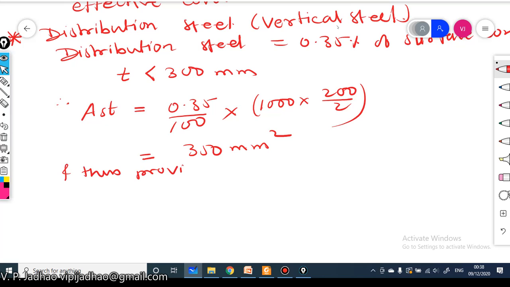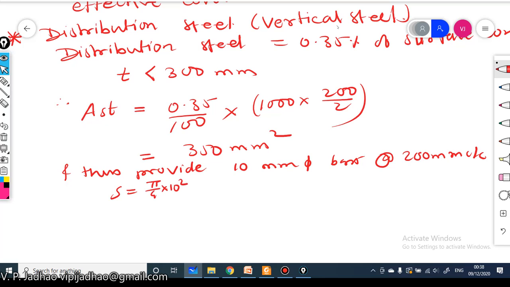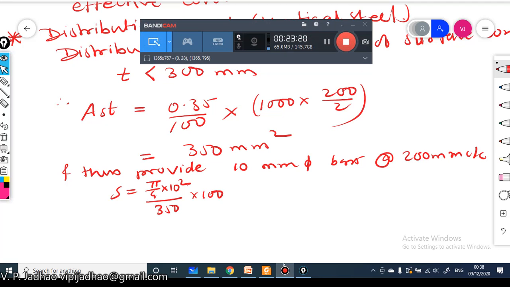10 mm bars. If we calculate, the spacing will be approximately around 200 mm center to center. You can calculate the spacing as pi by 4 into 10 square divided by AST, that is 350, into 1000.